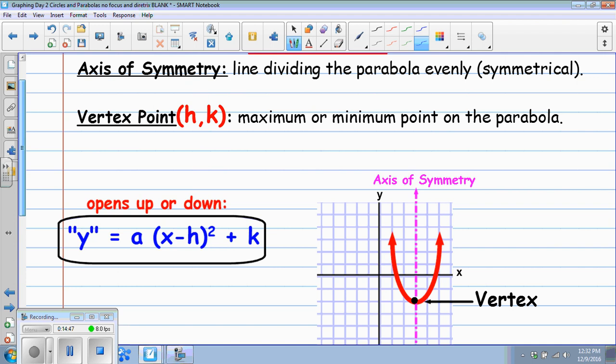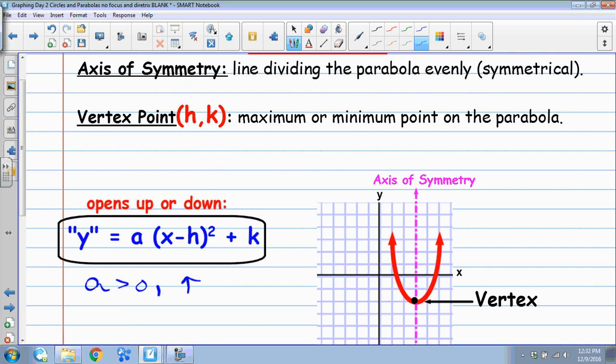The parent graph opens up, so A is positive. If A is negative, it's reflected down across the x-axis, so it opens down. So if A is greater than 0, it opens up. If A is less than 0, it opens down.